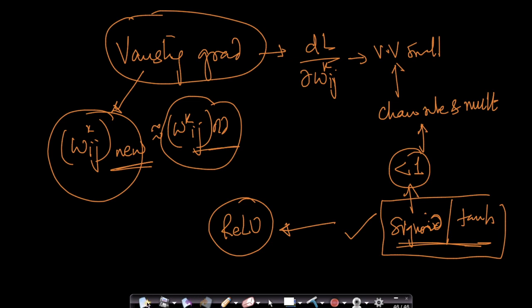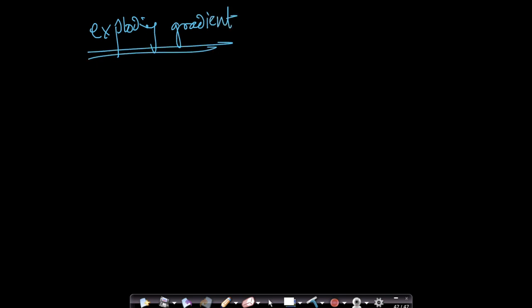The next thing is that, just the way we have seen vanishing gradient, there is a related problem called exploding gradient. We will encounter exploding gradient more often in one type of neural network called recurrent neural networks. We will come to recurrent neural networks a couple of chapters down the line.